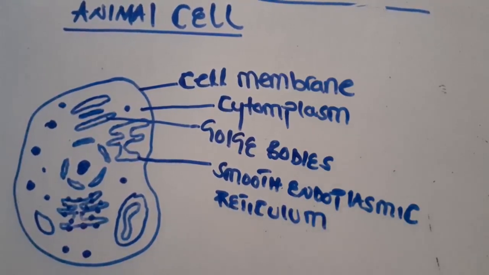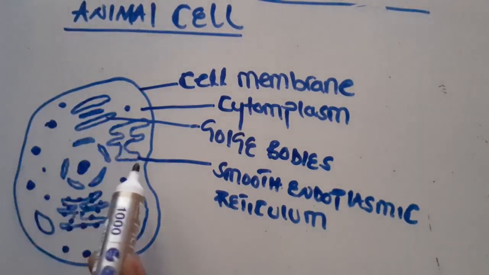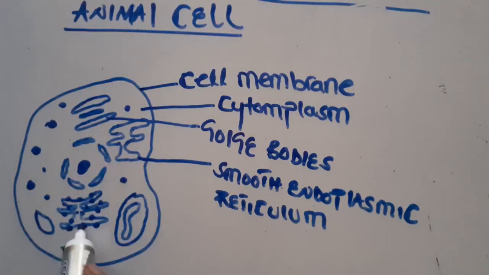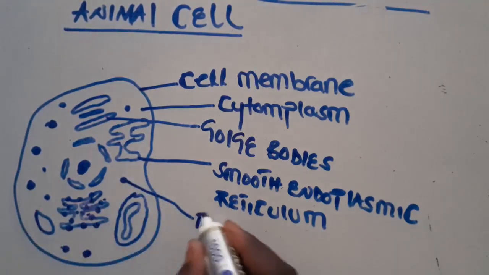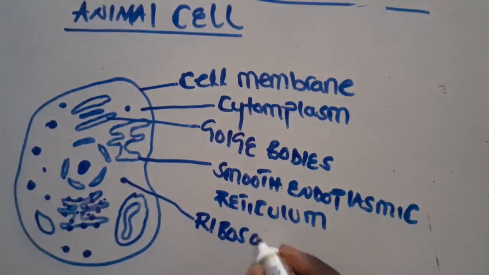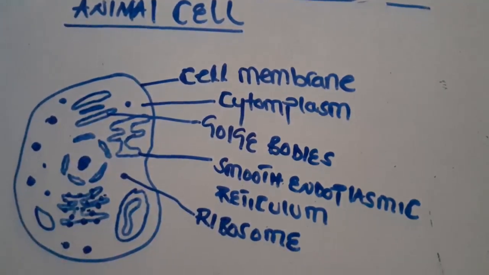We are also able to see these spots inside. A lot of these spots that you are able to see are called the ribosomes. I'll explain to you the functions of these parts, but let's just label together. So these parts are called what? Ribosomes.